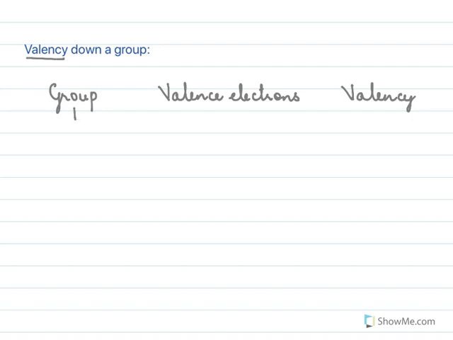Let's see the trend of valency down a group. So in group 1, the valence electrons we know are 1, hence the valency will be 1. It will lose. In group 2, valence electrons 2, so valency will be 2.